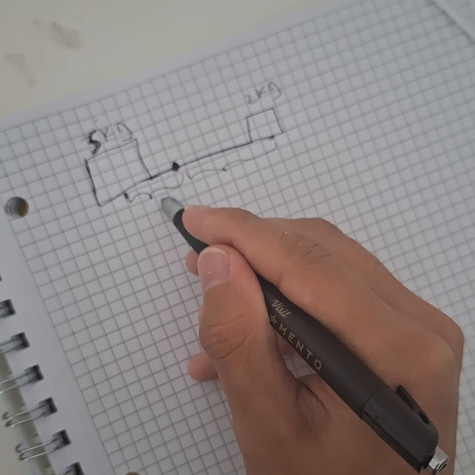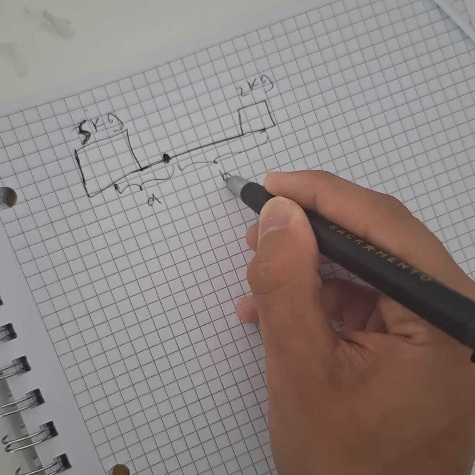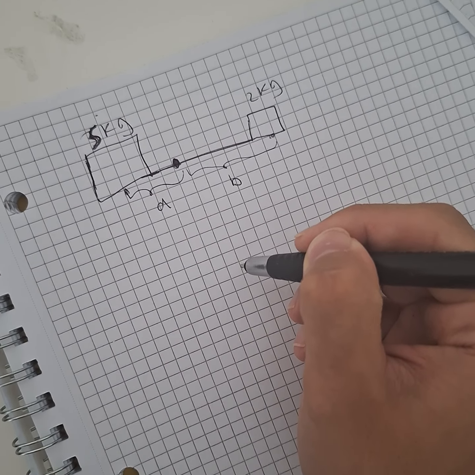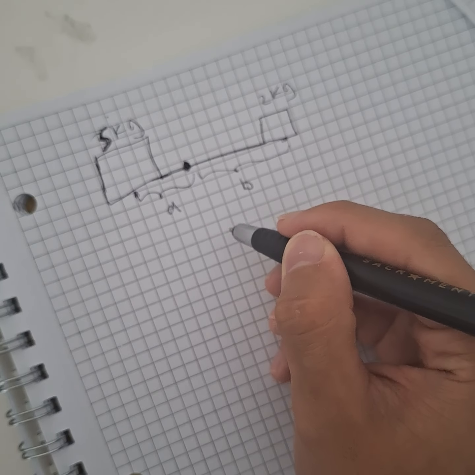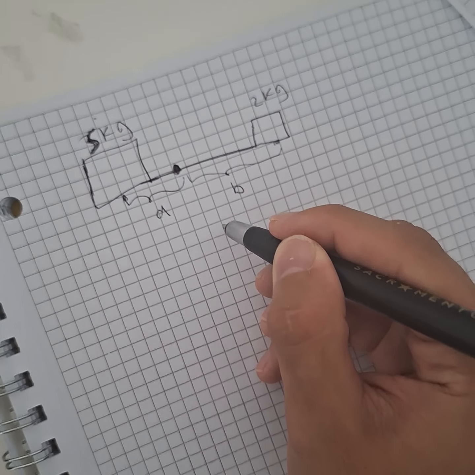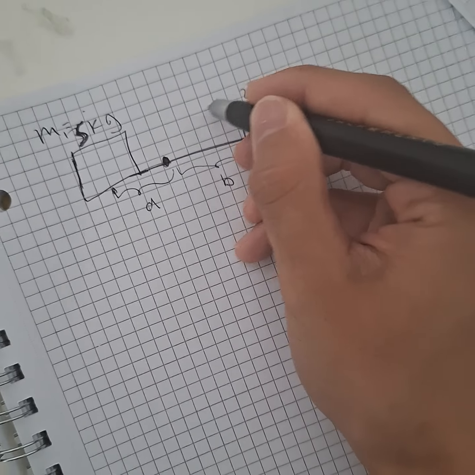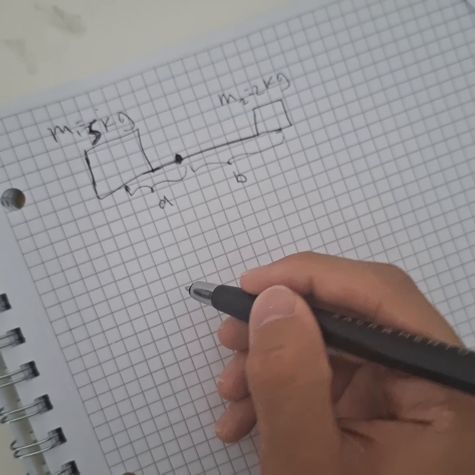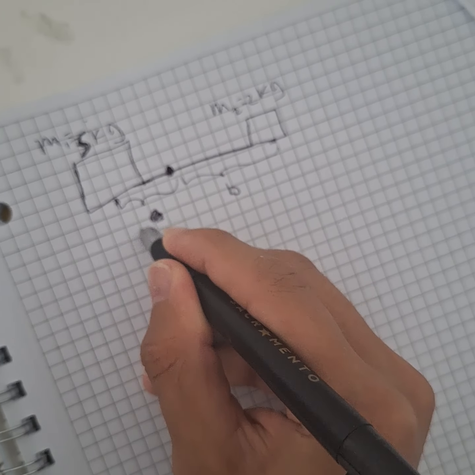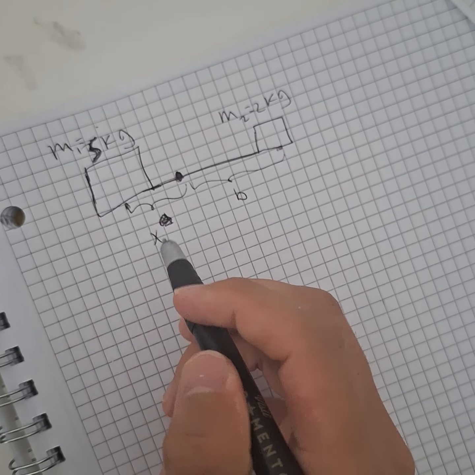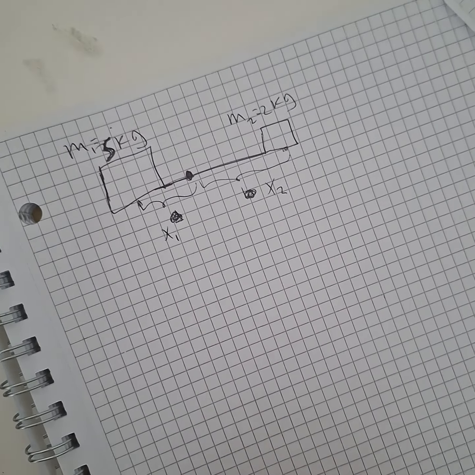This distance we would call A, and this distance we would call B. Or actually, let's use subscripts. So this would be M1 is equal to 5 kilograms, M2 is equal to 2 kilograms, and this one is X1 for the distance of the first mass, and X2 for the distance of the second mass.